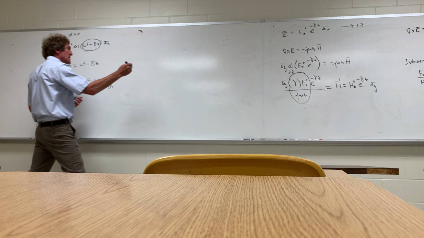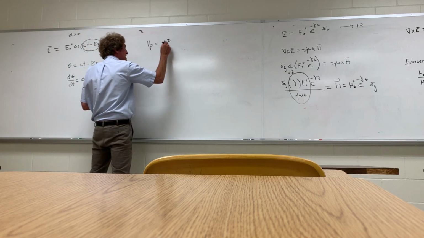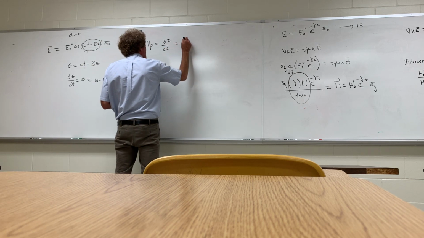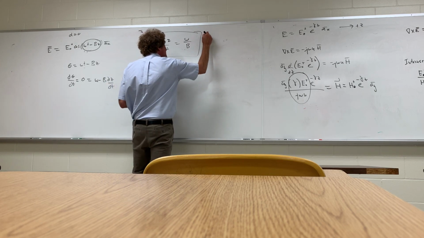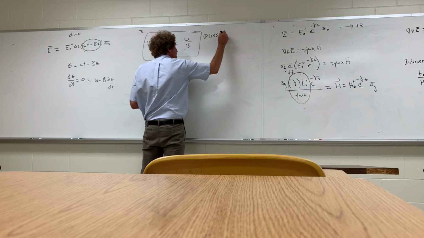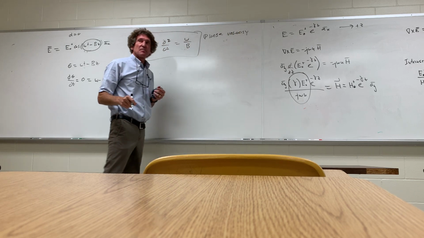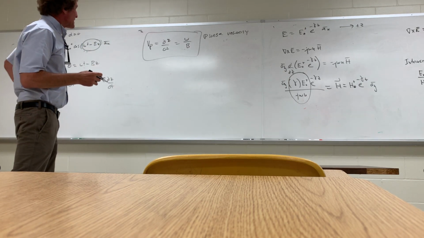So that means the phase velocity is dz dt, and that's equal to omega over beta. That's always true. That's phase velocity. It happens to be the velocity of propagation too for plane waves.